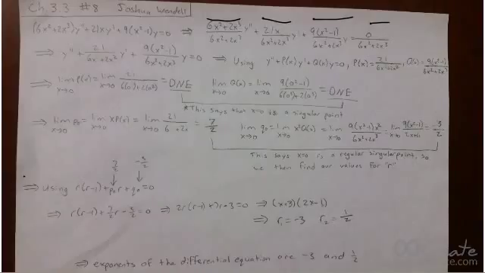To get this form, you get y double prime plus 21 over (6x plus 2x squared) y prime plus 9 times the quantity x squared minus 1 divided by (6x squared plus 2x cubed) all times y equals 0. And that gets you the equation in the form that you want right here.